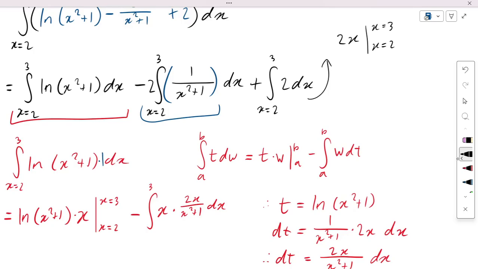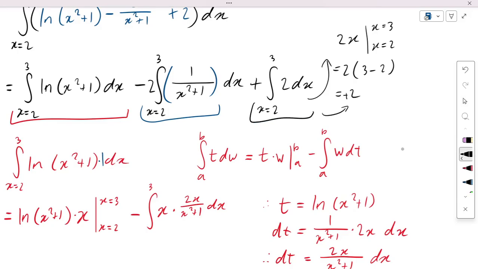And then basically what we will have is 2 times (3 minus 2), because we're doing the evaluation. That's just equal to positive 2. Okay, I'm sure that you should know how I did it right now. I've been doing it the whole video. So basically this integral here is equal to positive 2.